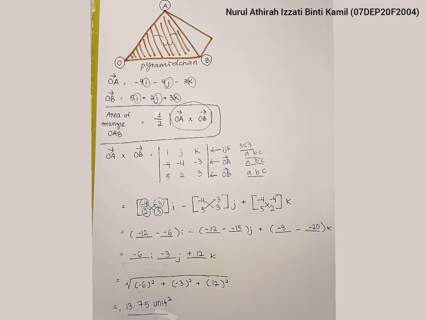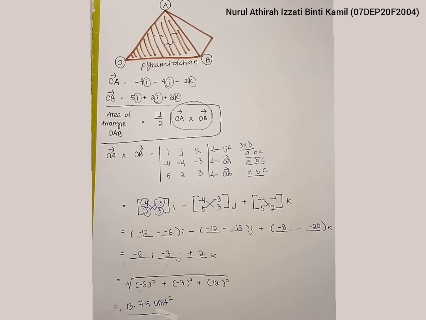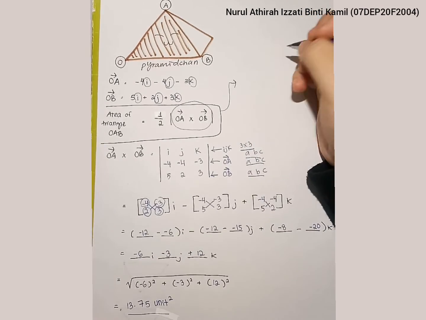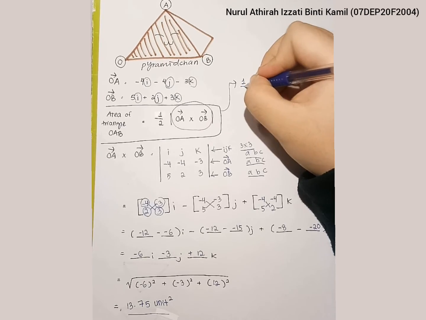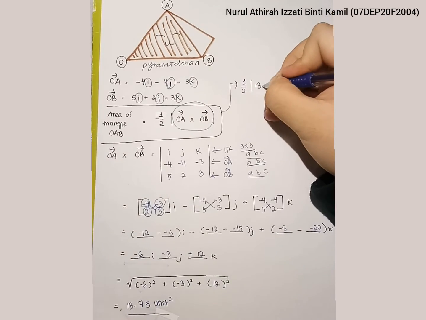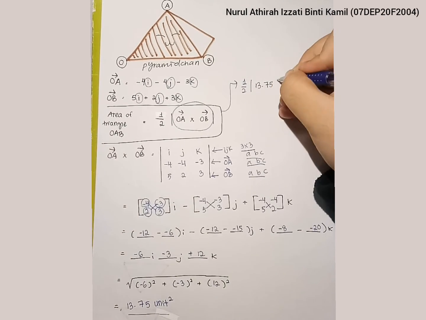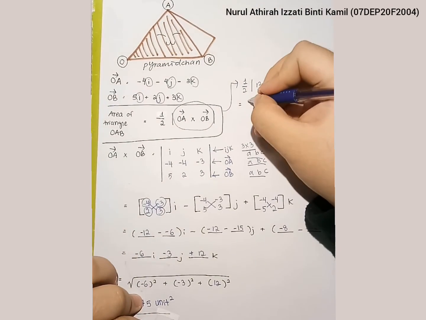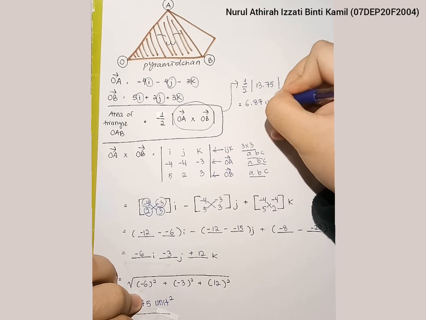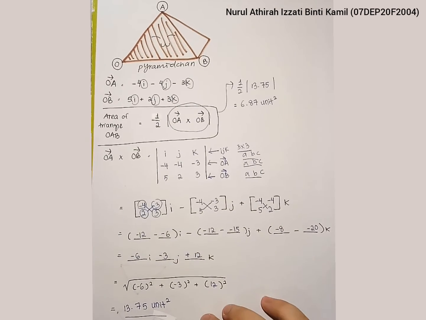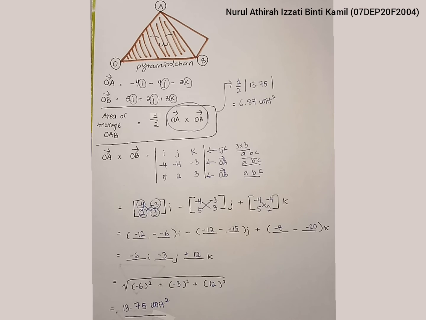So now we can find the area of the triangle. So we solve it here. 1/2 times with this 13.75, and then we got 6.87 unit square. So that's the example of mathematical solution in vector.